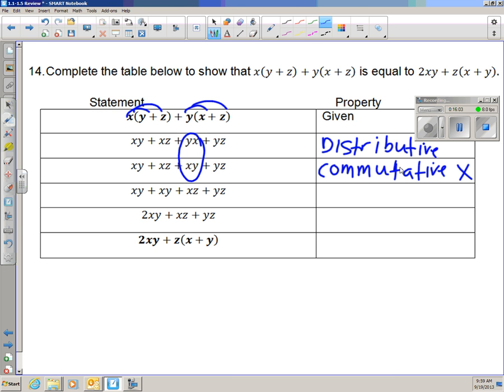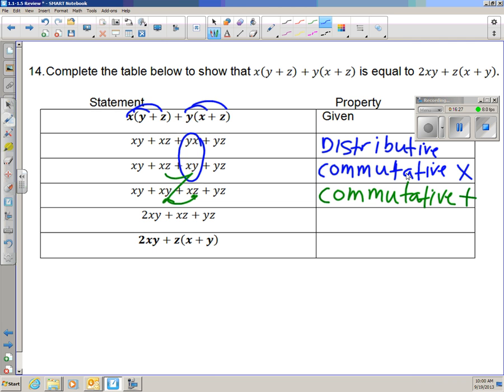Then what happens is we've got xy plus xy plus xz plus yz. So from this line above it, we switched the order. We did the commutative property again, this time the commutative property of addition, where we switched those orders.